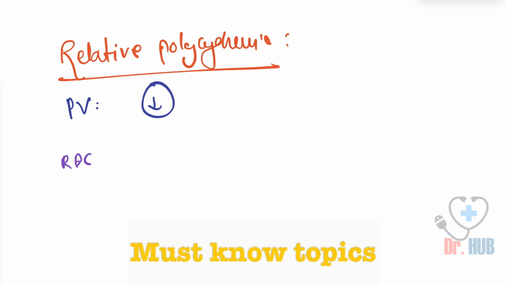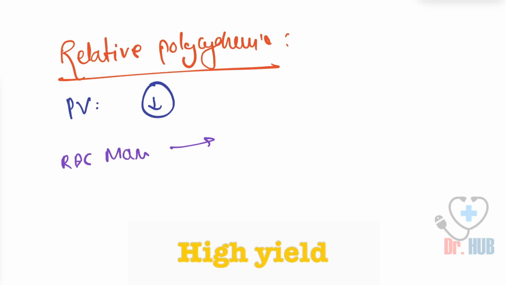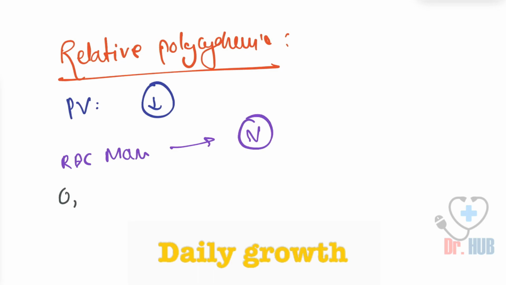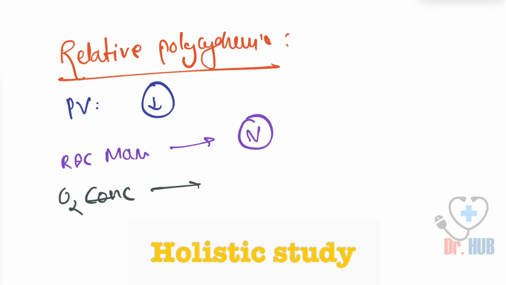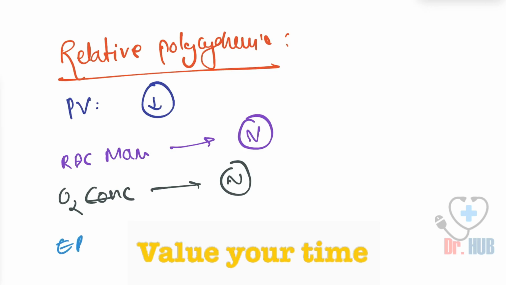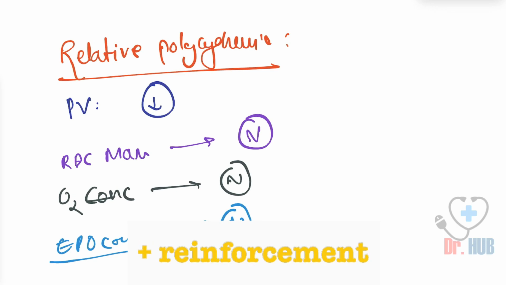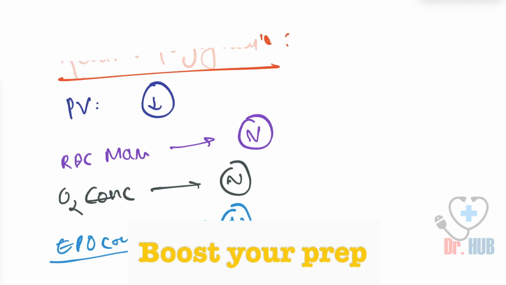Under RBC mass, it remains normal. And what about oxygen concentration? Oxygen concentration is also normal. And then we look at the EPO concentration. It also is normal. So with respect to the relative polycythemia, the PV is reduced.